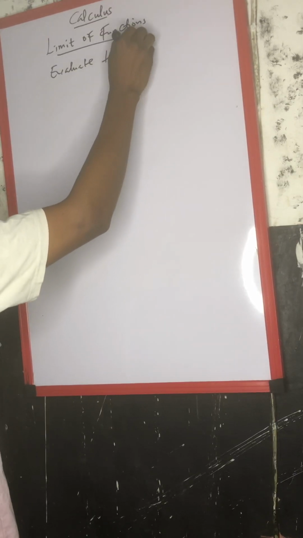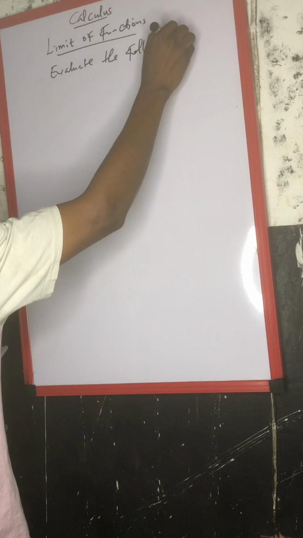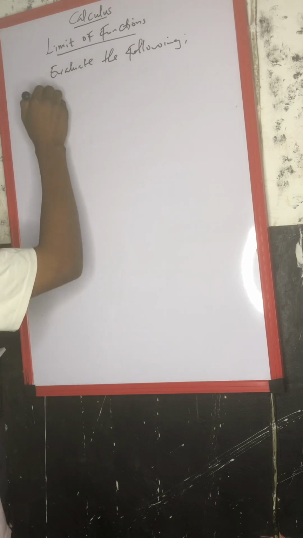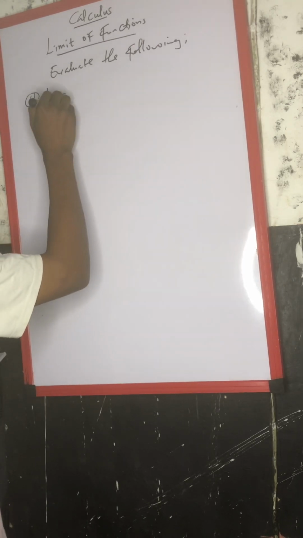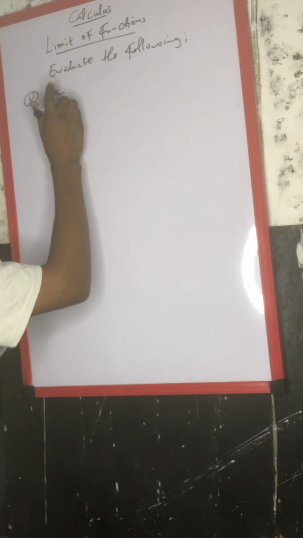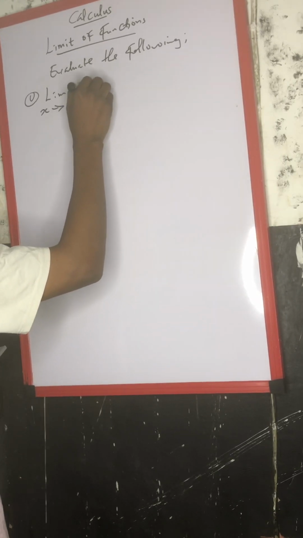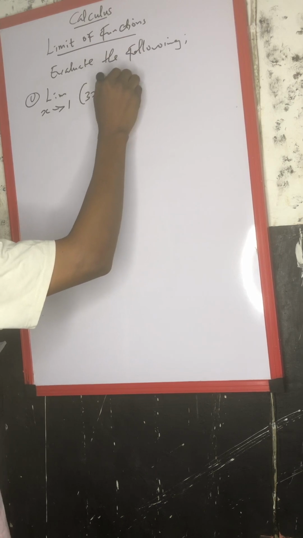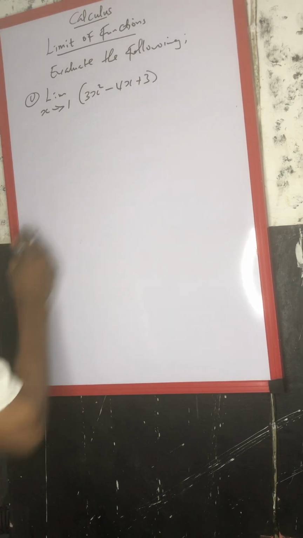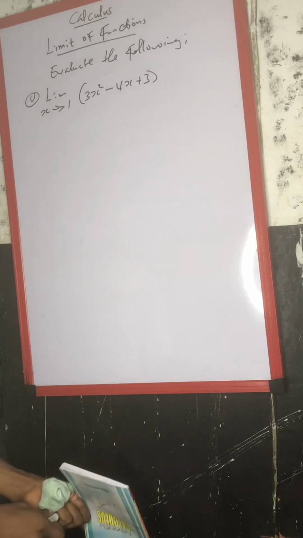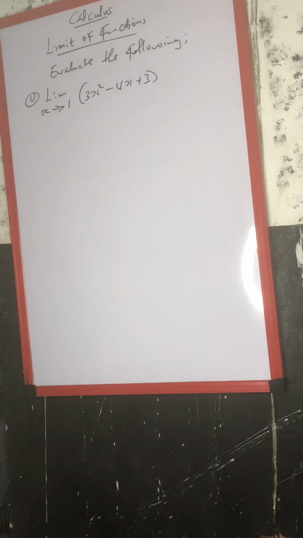Let's assume you are given a question that is to find the limit as x approaches 1 of 3x squared minus 4x plus 3. This very question is telling you that your x is the same thing as 1.